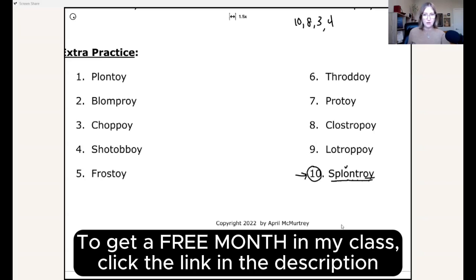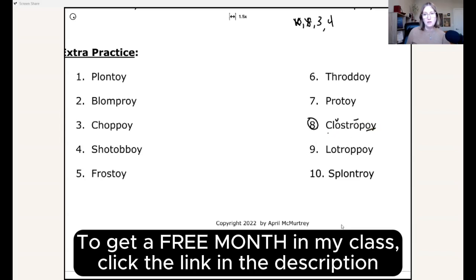Okay, good. Let's try number 8. So this O is going to say ah because of the tap 2 rule. This O will say O because of the tap 2 rule. OY says oi.